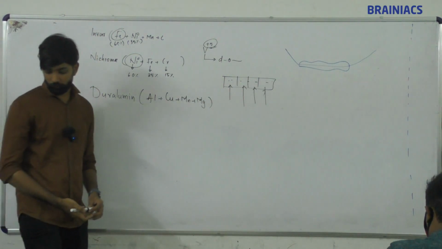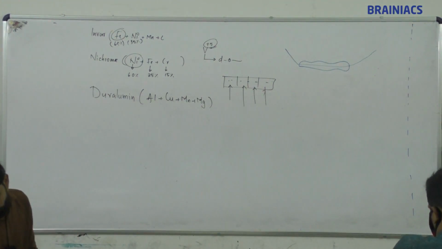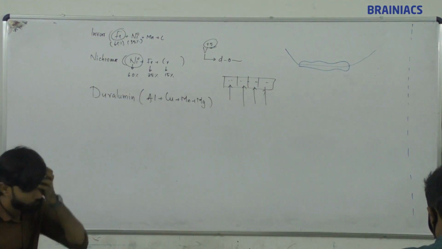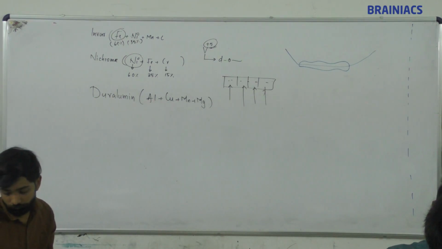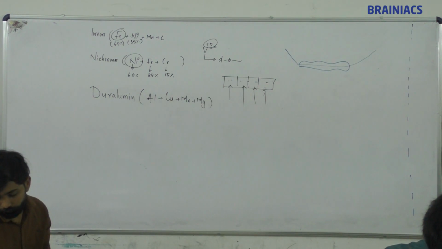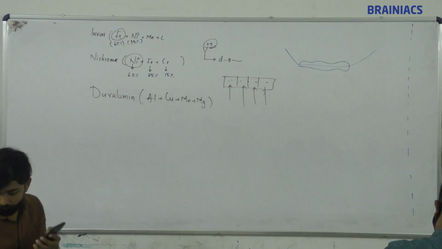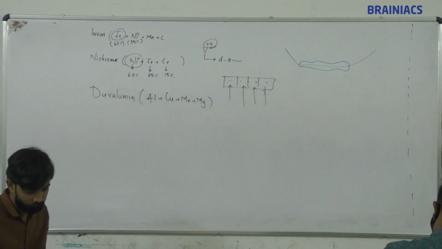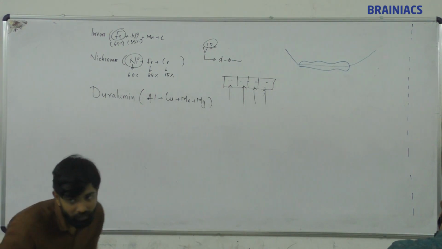Okay. The next, there are some examples given in your textbook. That is brass, copper plus zinc; bronze, copper plus tin; German silver, copper plus zinc plus nickel.